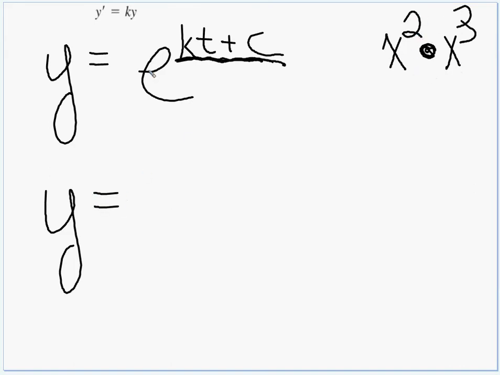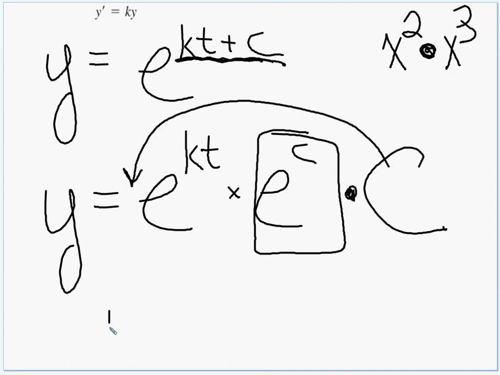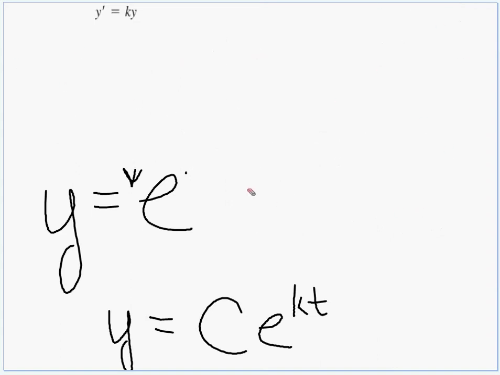So we could rewrite this as e to the kt power times e to the c power. E is just 2.72. That's one of our irrational numbers. E to the c power, remember c is just some unknown constant. So this e raised to the c power is just going to turn into another constant. And we're going to move that constant here in front. So we can rewrite this as y equals c times e to the kt power. And that's our theorem from the theorem box.